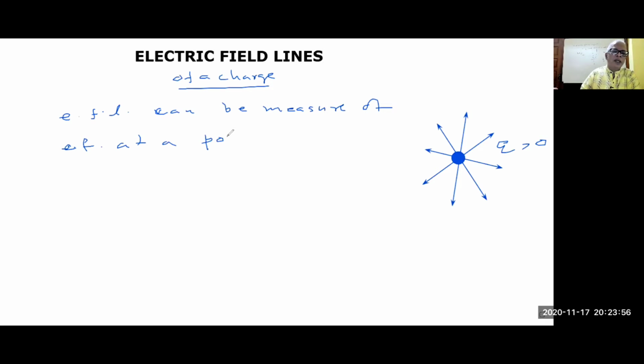But we cannot take it as definite because different people can draw different field lines, so the thickness varies. So the density of electric field lines is a measure of electric field strength at a point.